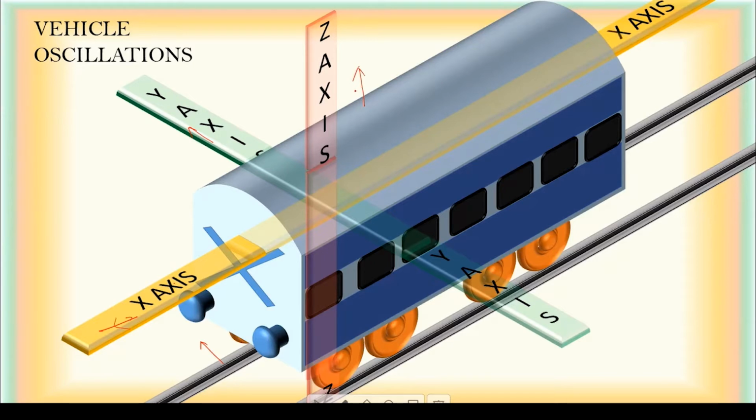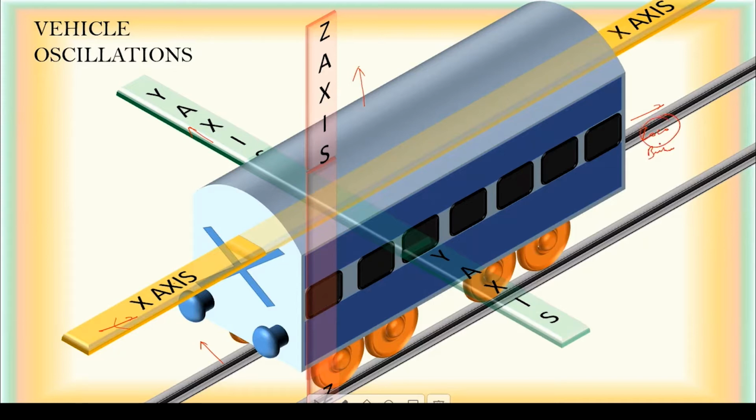All these movements come through, number one, due to design feature of the rolling stock as well as track. Number two, due to defects in the track and rolling stock. And number three, due to operating features. So these things contribute to overall oscillations in these directions. Otherwise, movement is affected by loco in longitudinal direction and brake in longitudinal direction.